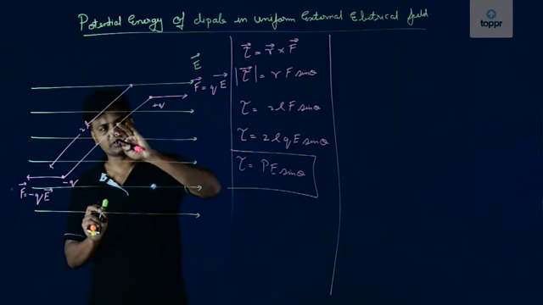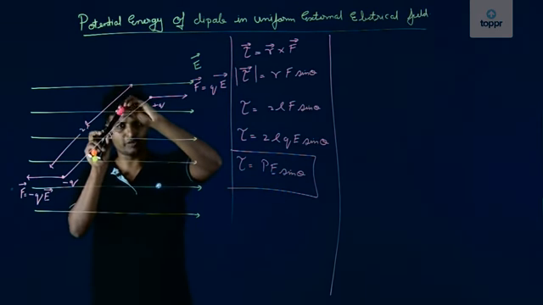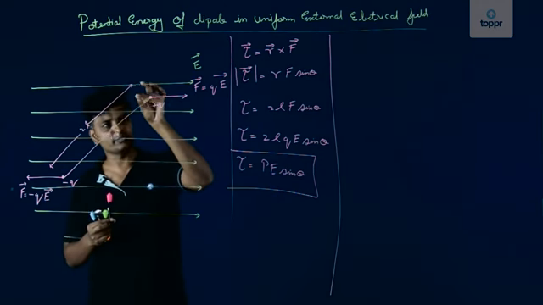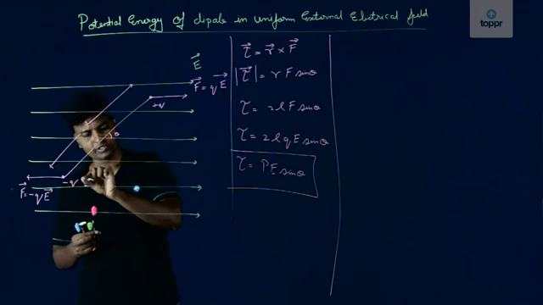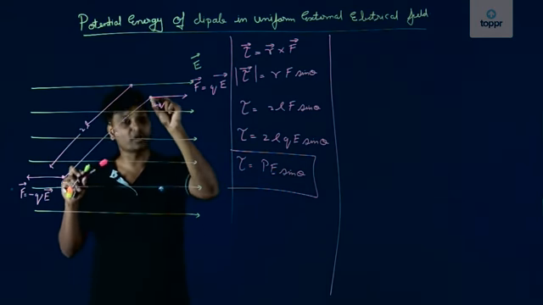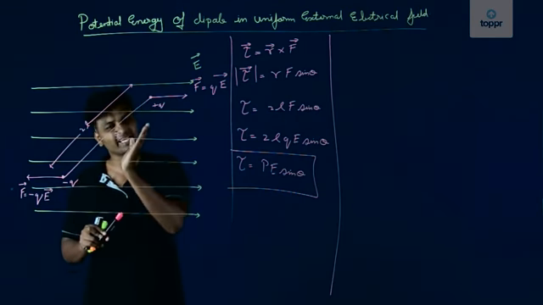In what direction is the torque acting? This direction. I am applying external force in opposite direction, here also in opposite direction. So I am applying external torque in opposite direction and making some angular displacement in opposite direction.